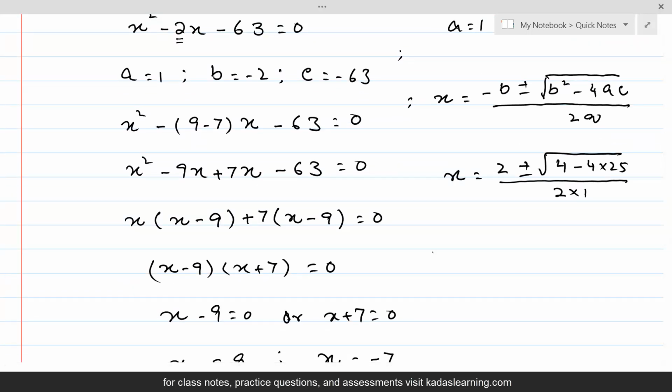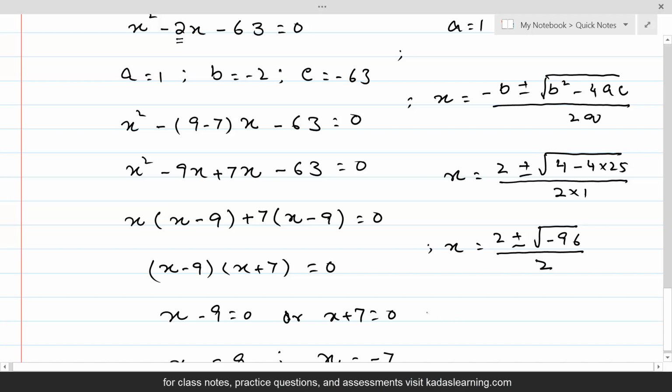Here we have x equal to 2 plus minus square root of minus 96, and whenever we have a negative inside the square root, that is not a rational number anymore, and it is not in fact an irrational number as well, which means that the number is not a real number if there is a negative sign inside the square root.